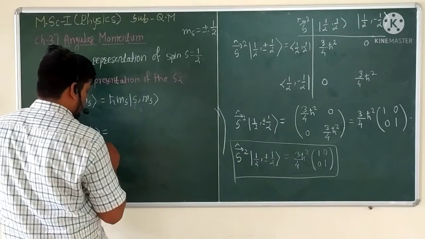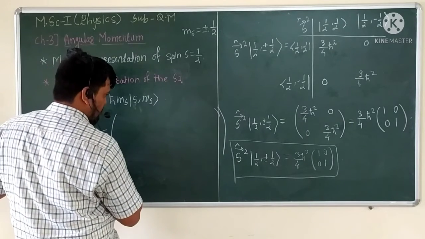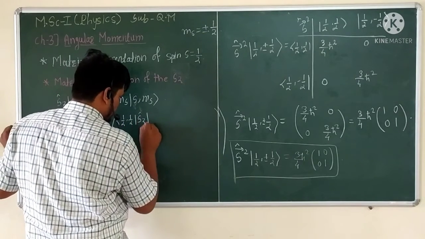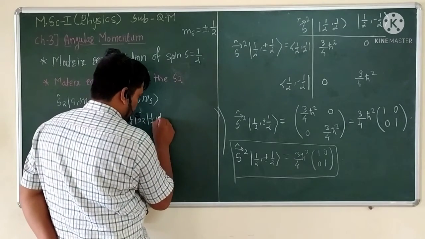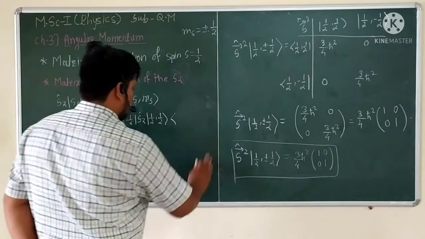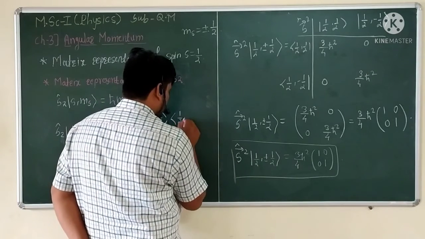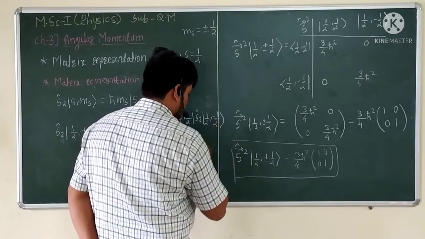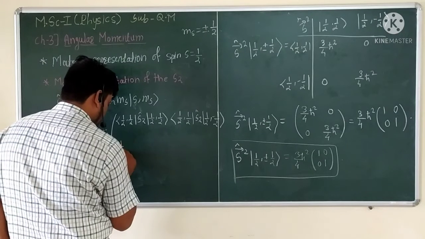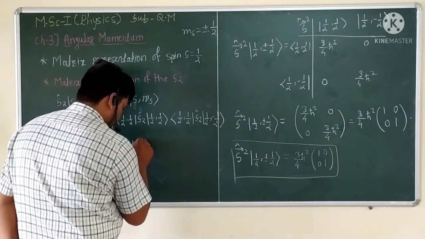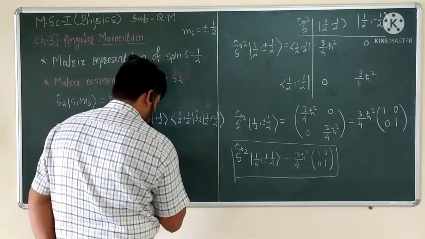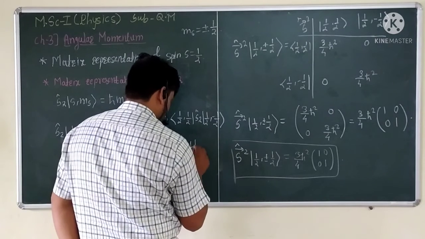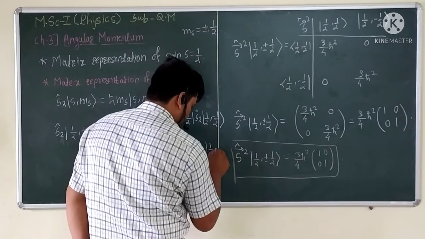This is the matrix representation: bra half comma half, Sz operator operating on ket half comma half; next, bra half comma half, Sz operator operating on ket half comma minus half; again bra half comma minus half, Sz operator operating on ket half comma half, in the eigenbasis of Sz; and next, bra half comma minus half, Sz cap operating on ket half comma minus half.